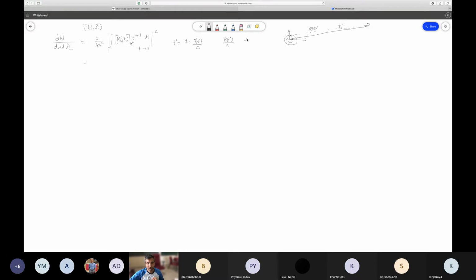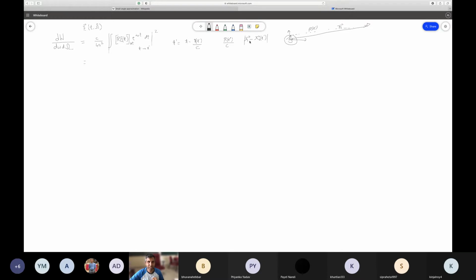So r minus r naught(t prime). So this is the distance between the... right. So in the time that the radiation goes from here to here, the particle travels.